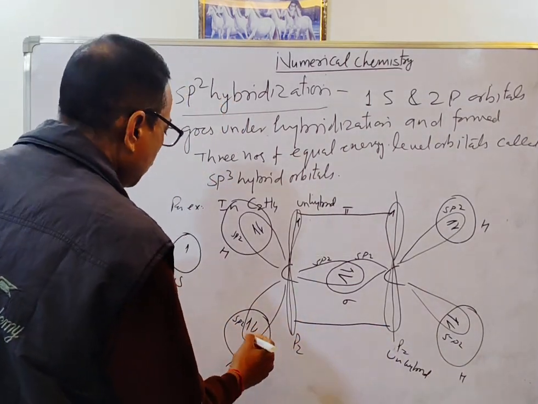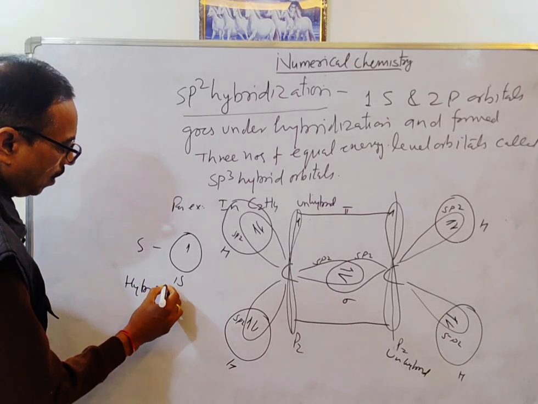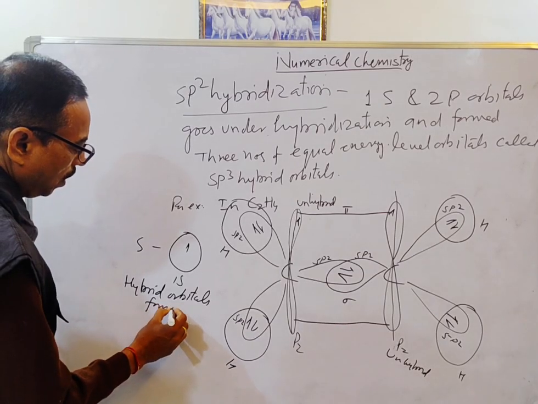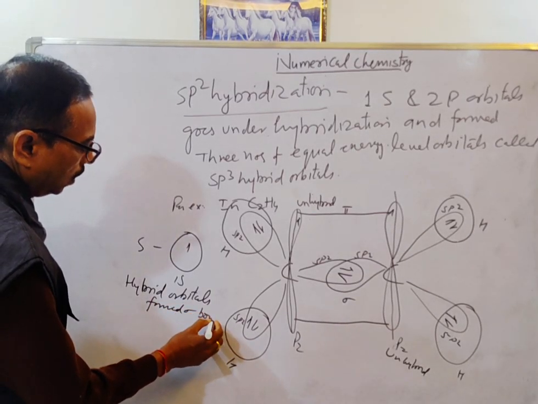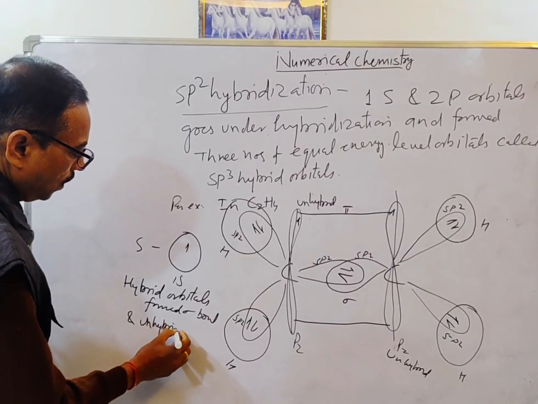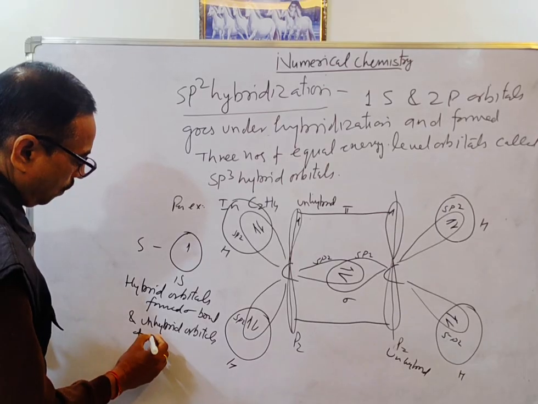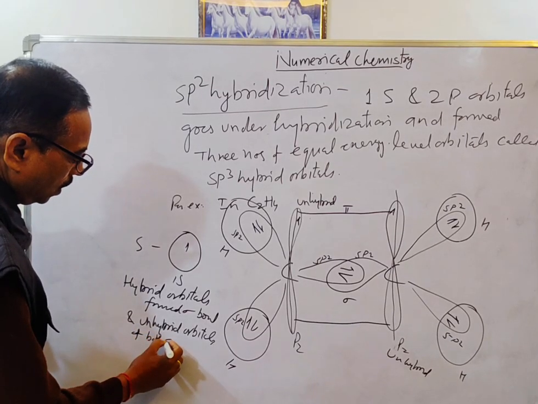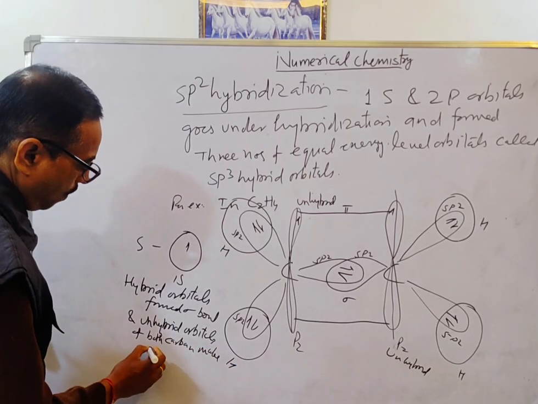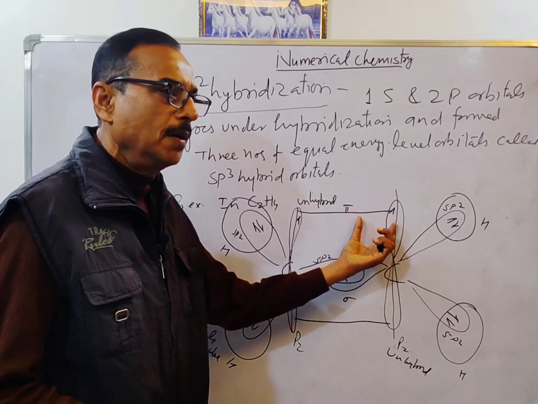You write down here: the hybrid orbital formed sigma bond, and the unhybrid orbitals of both carbon make pi bonds. So this is the pi bond, unhybrid.